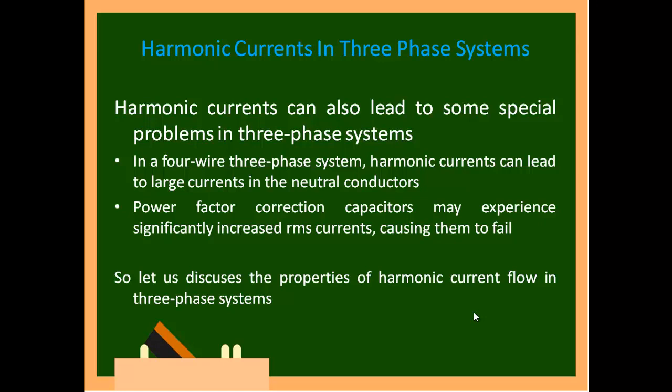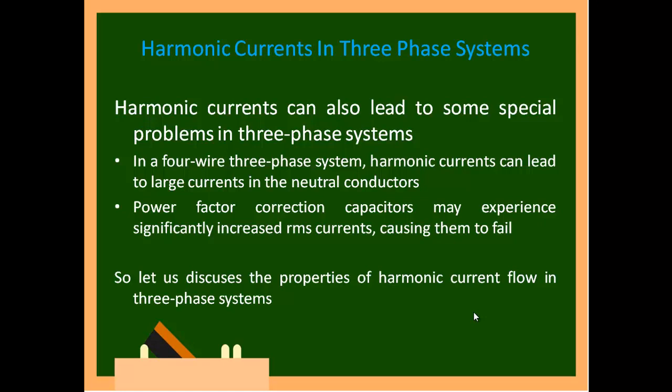In a 4-wire three-phase system, harmonic currents lead to a large current in the neutral conductor. So harmonics will flow only in the neutral. If some current is flowing in the neutral, then the neutral point will shift, which will lead to excess rotation of your EB meters.